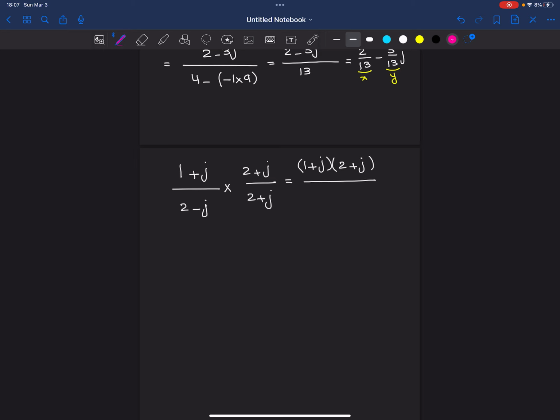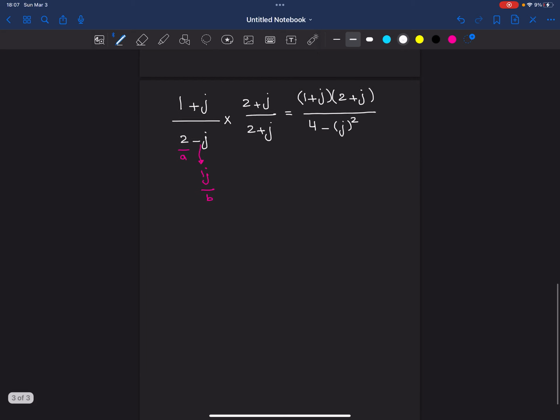Now, in my denominator, this is my a and this is technically 1j, so 1j is my b. So we have a squared, which is 4, minus j squared. All right.